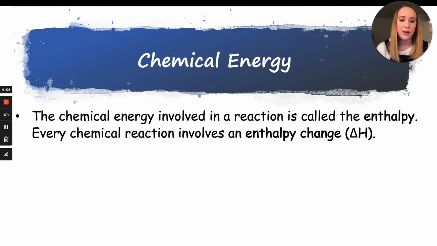And we should recognise the symbol for that, delta H, which we have seen previously when we looked at the controlling the rate topic and being able to work out the enthalpy change or delta H for a reaction. So we can do that by looking at potential energy diagrams, working out the difference in enthalpy between the products and the reactants is one way of working out the enthalpy change, but we're going to see that there's more ways of doing that in this topic.